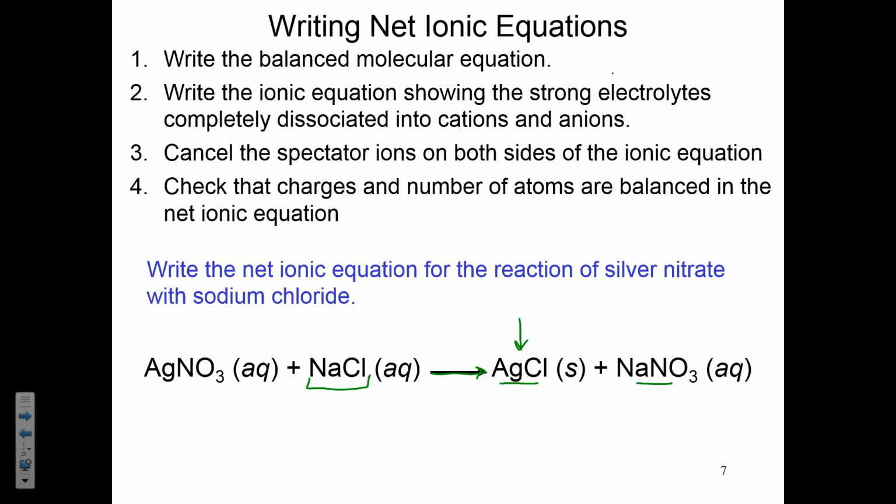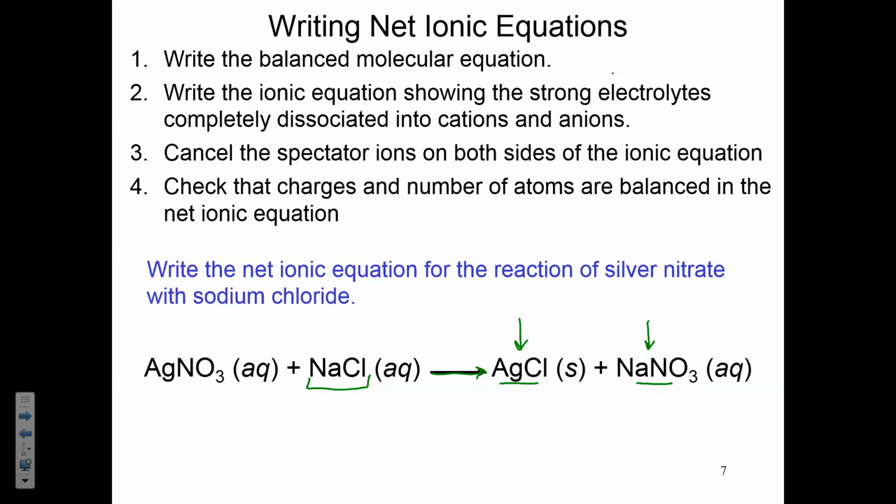Okay, let's look at these then and figure out which one is going to precipitate and which one is going to dissolve, or be soluble, in water. So looking at your solubility rules, let's look for Cl first.